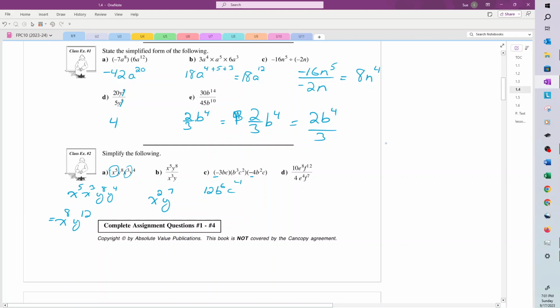This one, my 10 and my 4, I can divide those both by 2, so I get 5 over 2 times, actually I'm just going to extend this out, and then I get e to the 4 in the numerator and f to the 5 in the numerator. And so I would probably write that out a little bit more clearly like this, f to the 5 over 2.